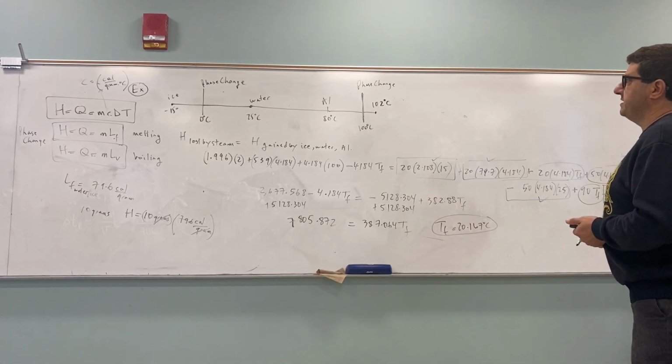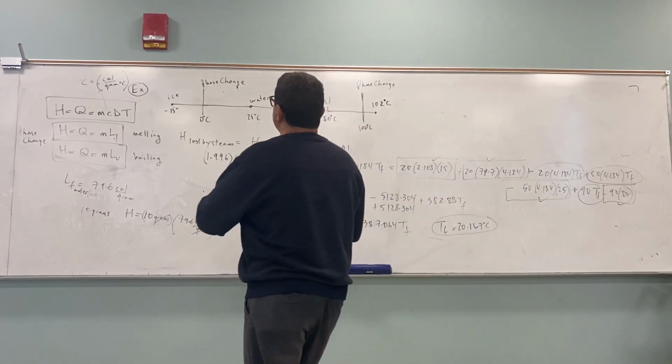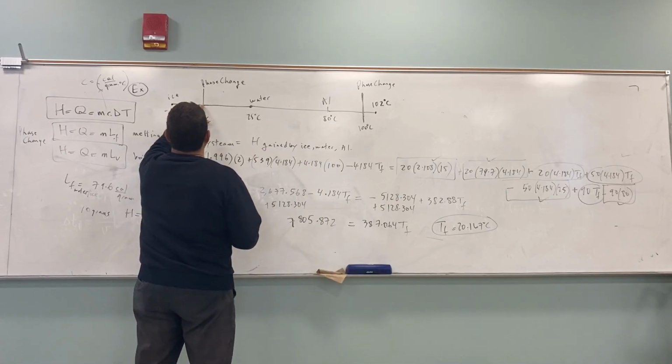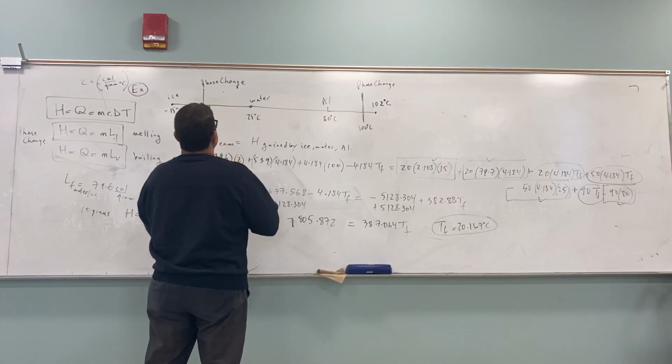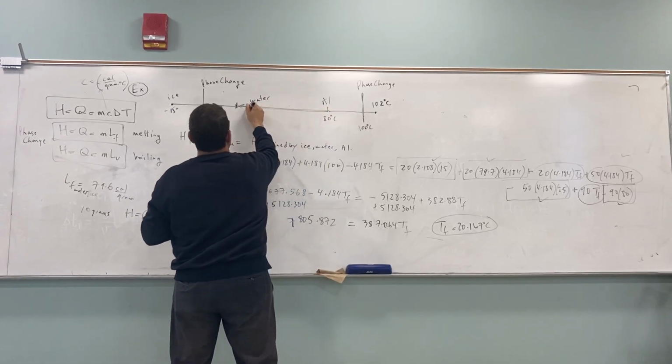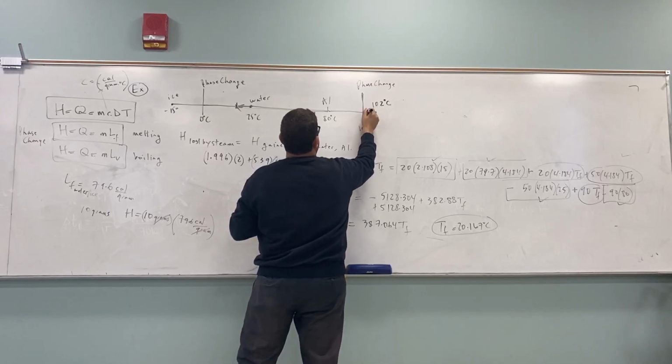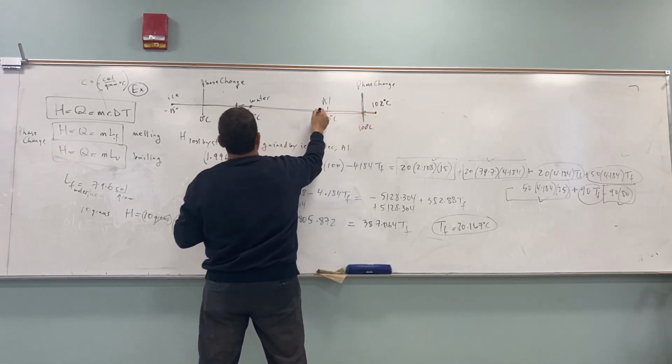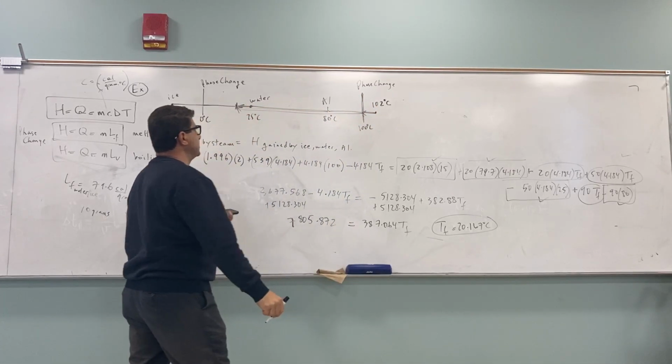So what does that mean? That means that the ice went and melted and went up and then just stopped here. That means water cooled, aluminum cooled, the steam came, had phase change, and then cooled all the way down to 20. Everything went down to 20.